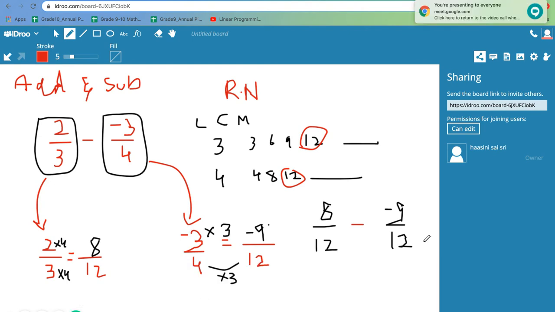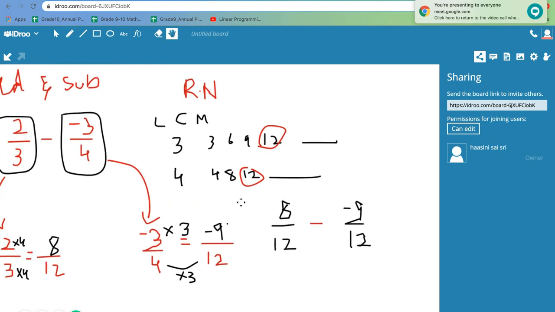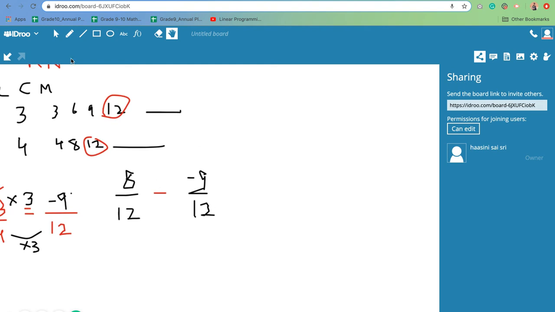So now I know that my denominators are same, right? So if my denominator is same, it means I can actually do my subtraction, because the rule for addition or subtraction is the same. When my denominators are same, that's when I will deal with the numerators.